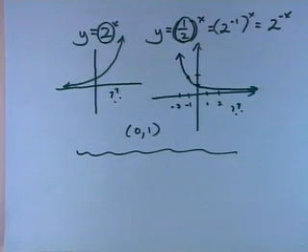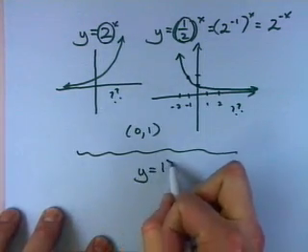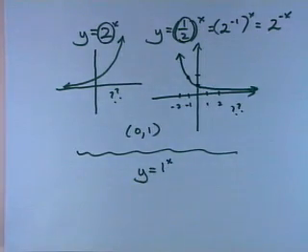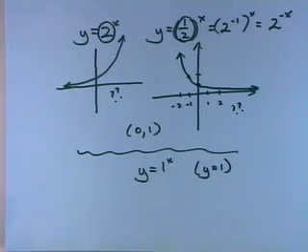And then we've got the ultra exciting example of when the base is 1. What's that look like? Not very exciting, right? Because 1 to any power is itself. So that's just the line y equals 1.